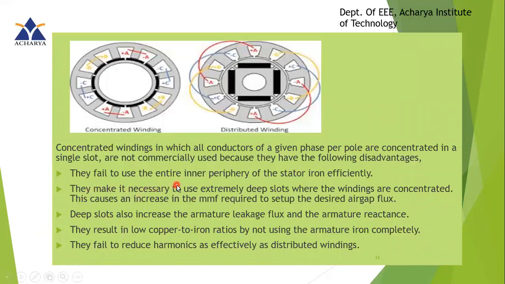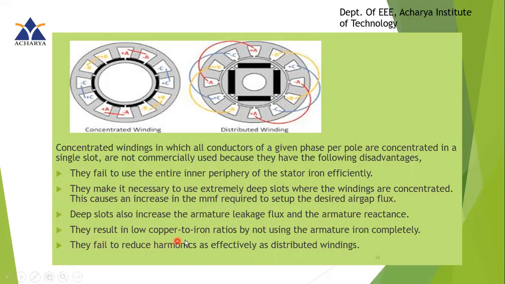They fail to use the entire inner periphery of the stator iron efficiently. They make it necessary to use extremely deep slots where the windings are concentrated. This causes an increase in the MMF required to set up the desired air gap flux. Deep slots also increase the armature leakage flux and the armature reactance.